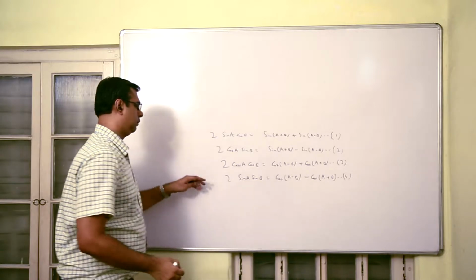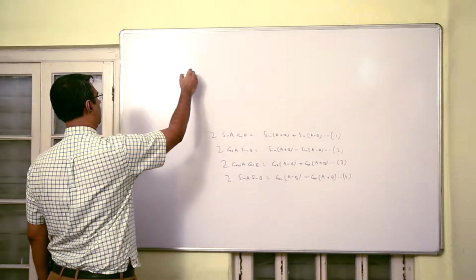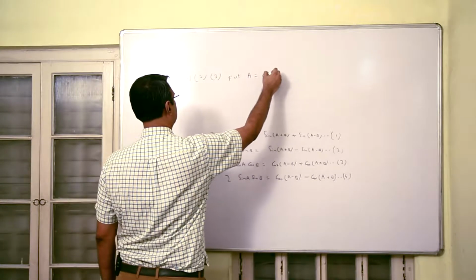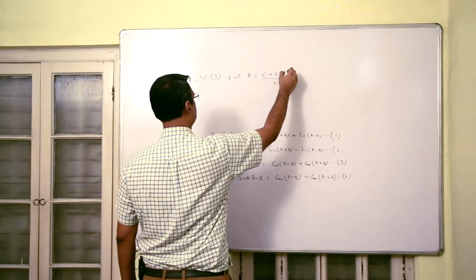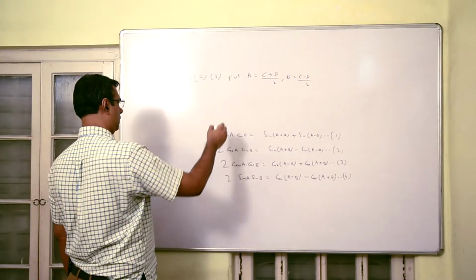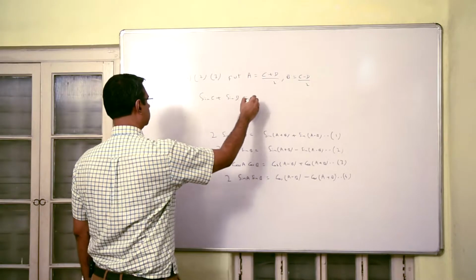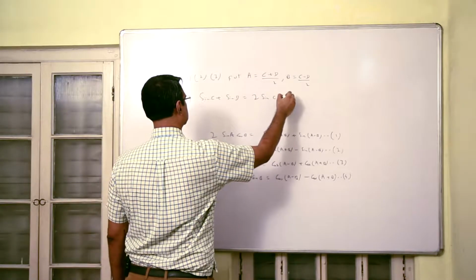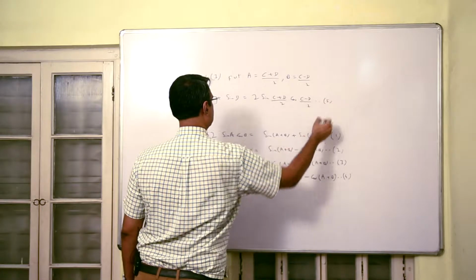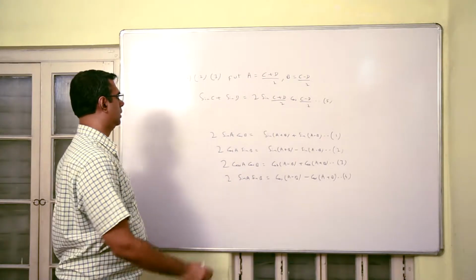Now, in the formulas 1, 2 and 3, if you put angle A equal to C plus D by 2, angle B equal to C minus D by 2, you will get sin C plus sin D is 2 sin C plus D by 2 cos C minus D by 2.